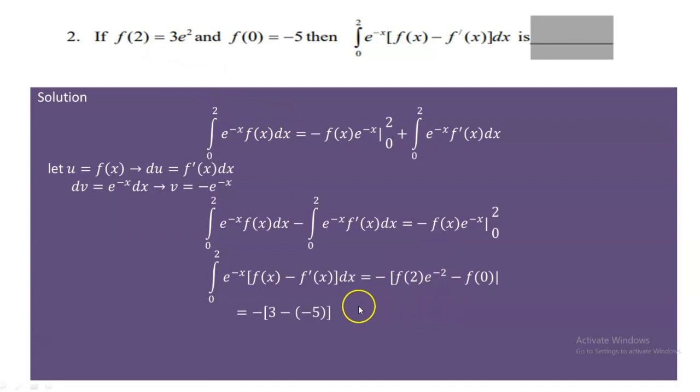So negative comes here, 3 follows, minus. F of 0 is already known, it's minus 5, it's given. So minus of minus 5 can come. So 3 minus minus 5 makes 8, but we do have the negative outside, so it would be a negative 8. So you need to put negative 8 here in your blank space.